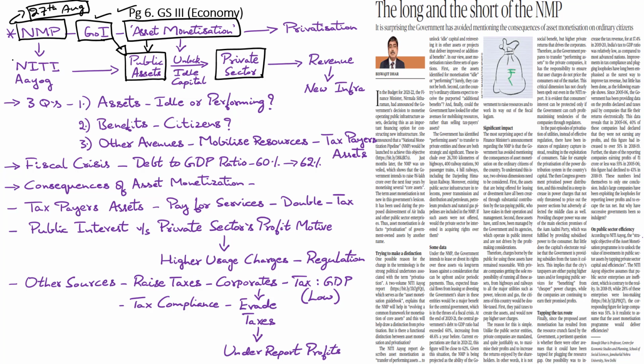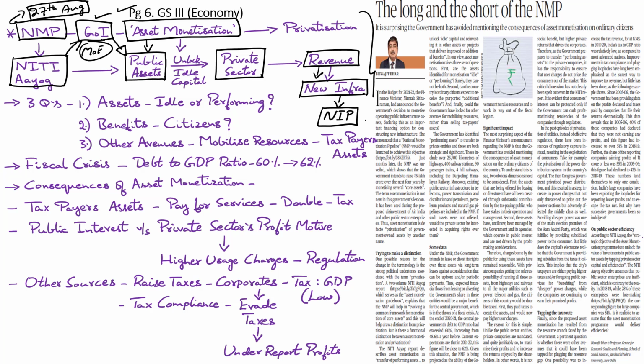This initiative is the brainchild of the Niti Aayog, and it has been taken up by the Ministry of Finance in order to raise additional revenue for the government, which the government has said will be utilized to fund new infrastructure projects in the country under the National Infrastructure Pipeline.